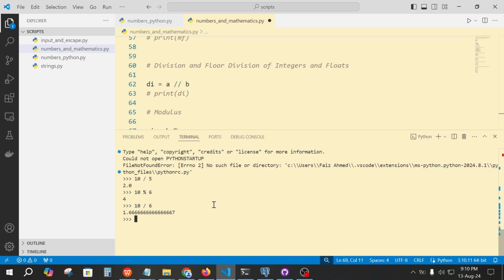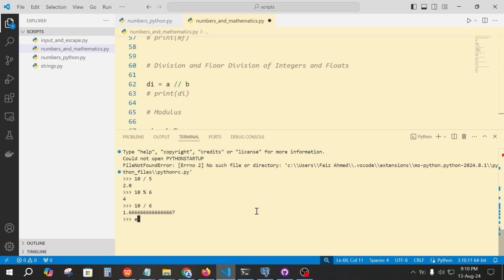When we do division, there will be a times part where we multiply by this many times, and after completing the division, we will get a remaining part. So modulus gives us the remaining part after dividing. This is the modulus.